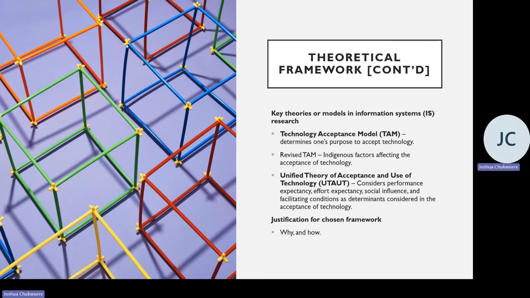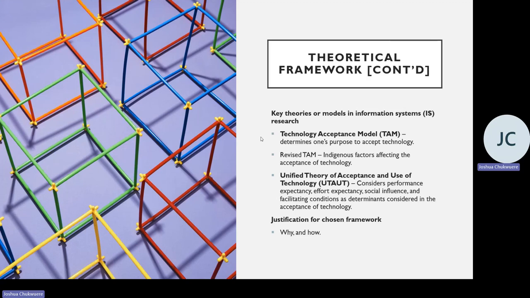All these are different components that can influence people, that factor in when people or organizations think about adopting technology. So the why and the how should be detailed and explained in your study, how you want to use it, and then that connection between each of your objectives and the topic is very, very important.